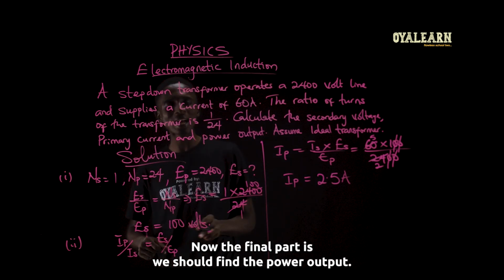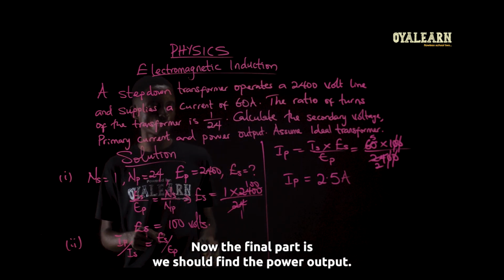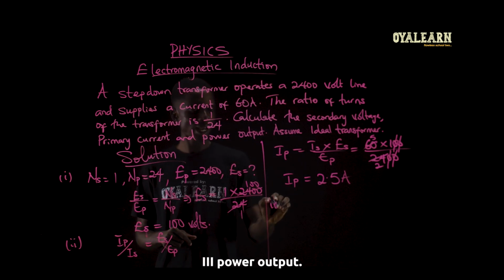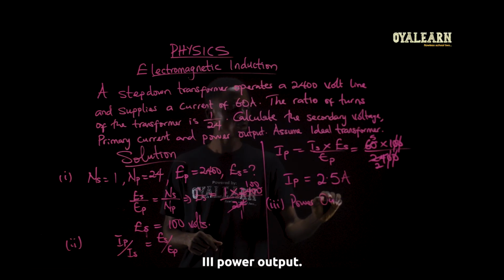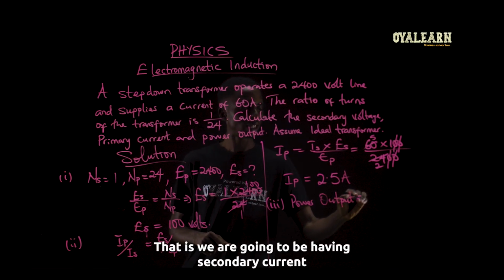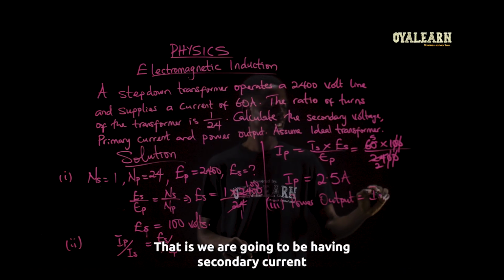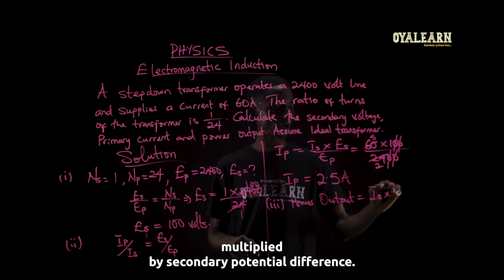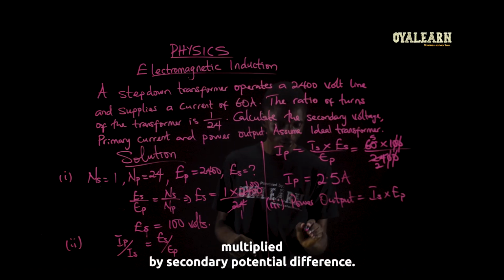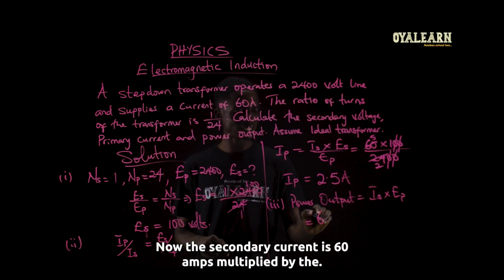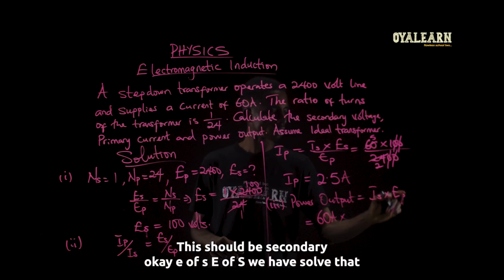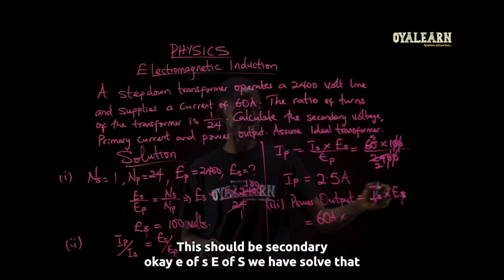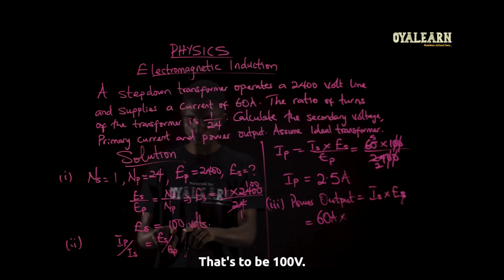Now the final part says we should find the power output. That is, we are going to have secondary current multiplied by secondary potential difference. Now the secondary current is 60 amps multiplied by the secondary voltage, E of S. E of S, we have solved that to be 100 volts.